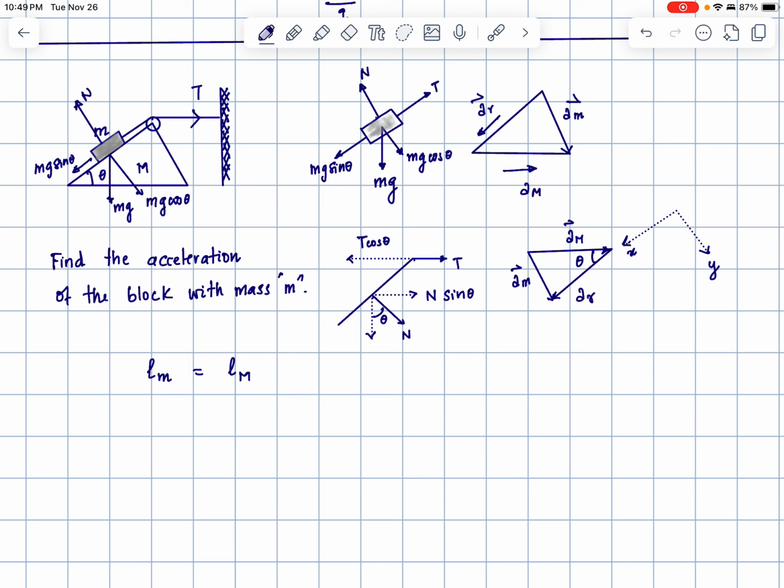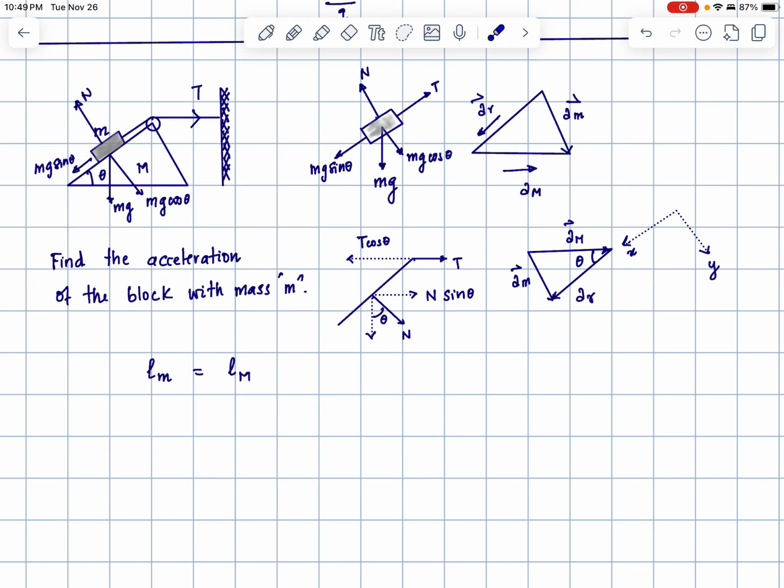So L capital M refers to the shortening of this particular segment of the string or the rope.